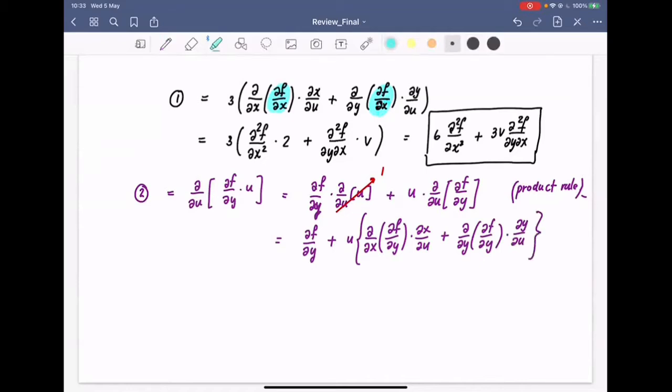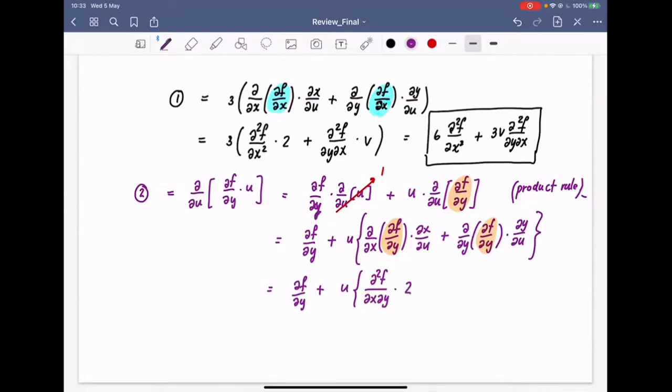So if you have a hard time to follow, think of this thing as the thing in orange here. And then when you differentiate, you can just do that. And then after that, you're going to get here. So keep going, and then plus u, and then this term is going to be ∂²f/∂x∂y, and then ∂x/∂u, you already computed, this is number 2.